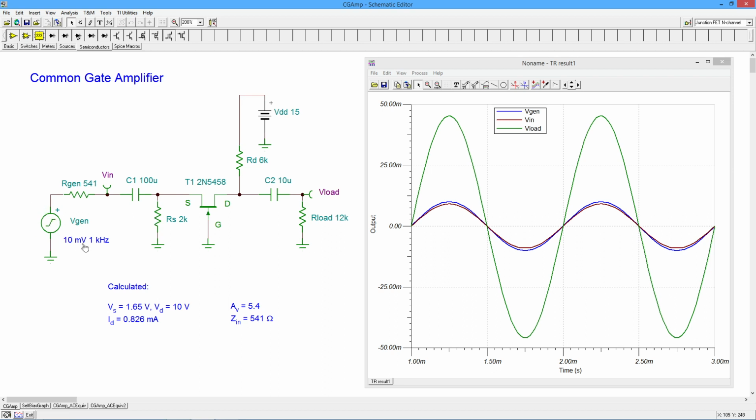So this 10 millivolts should split evenly. I should see half of it, 5 millivolts here, and the other half, 5 millivolts out here. Because this whole thing looking in here supposedly is equal to 541 ohms. So if they're identical, this voltage should split in half. It's a very simple way in a lab to check what your input impedance is, because after all, you cannot use an ohm meter on something like that.